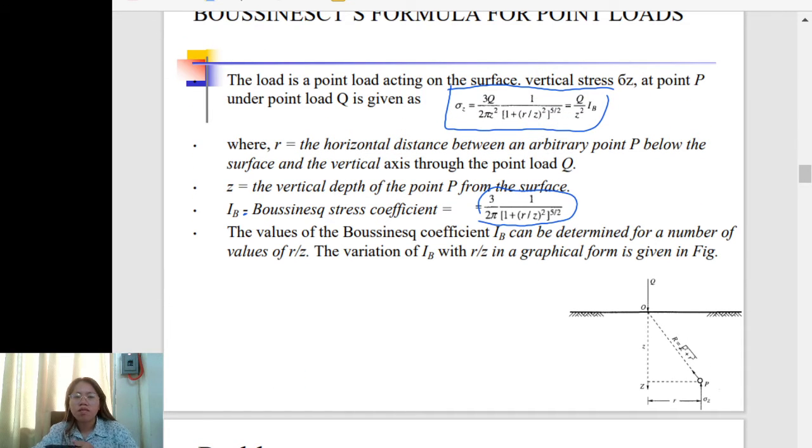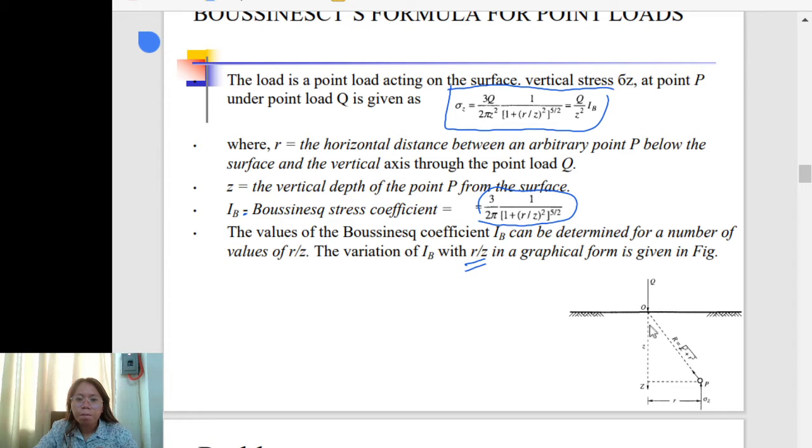So, the variation of I sub B with R over Z is different using this representation.